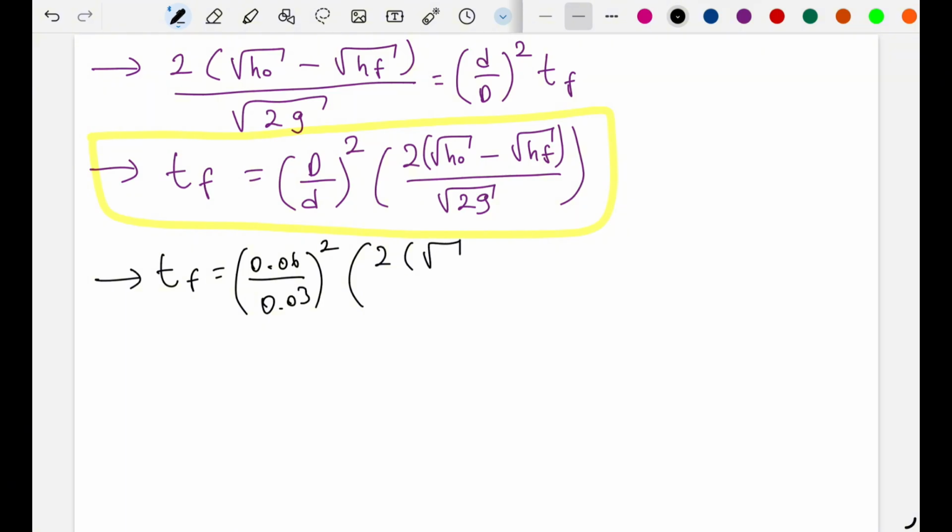So we have the initial height, which is h0, is 3 meters, because the water is dropping from 3 meters to 0.5. And this will be 0.5 over 2g, which is 2 times 9.81 meters per second squared.